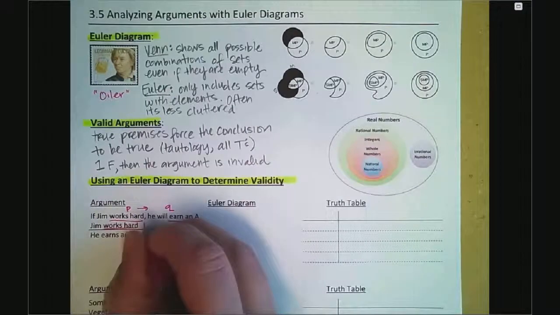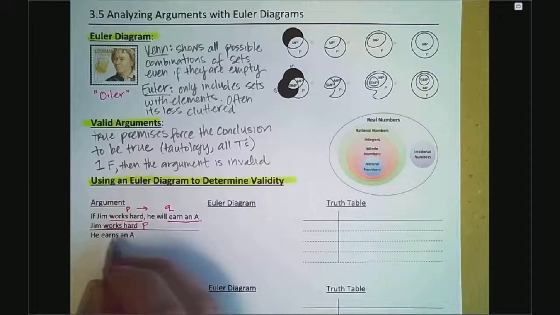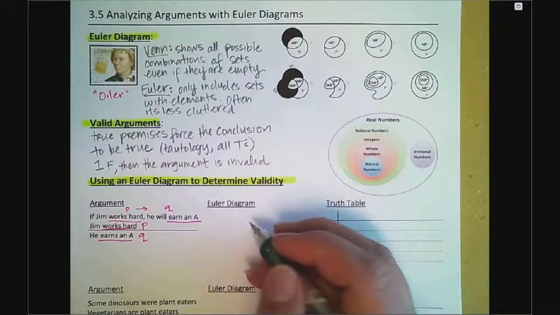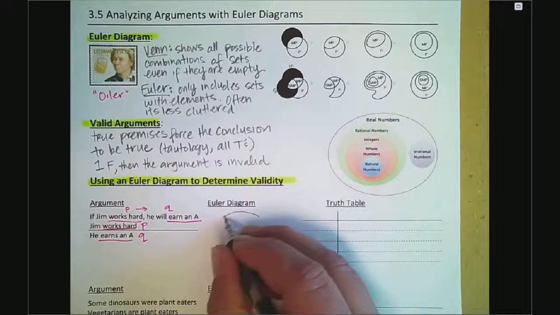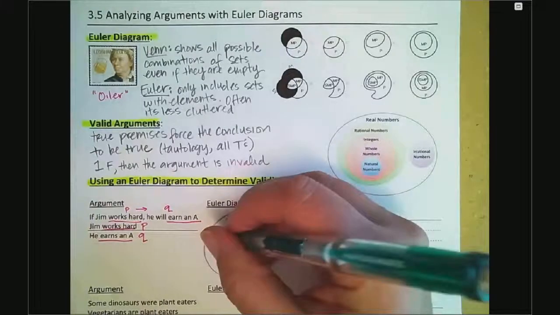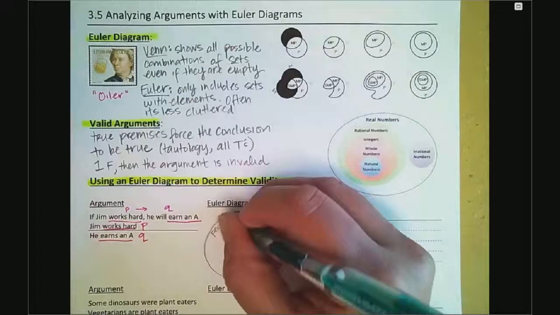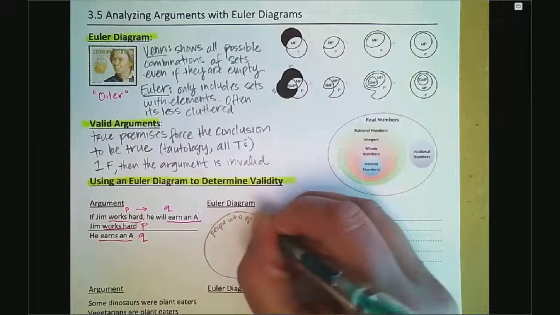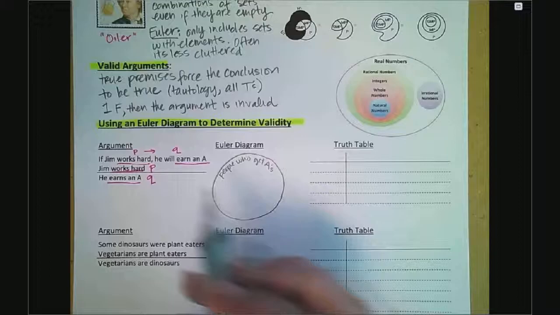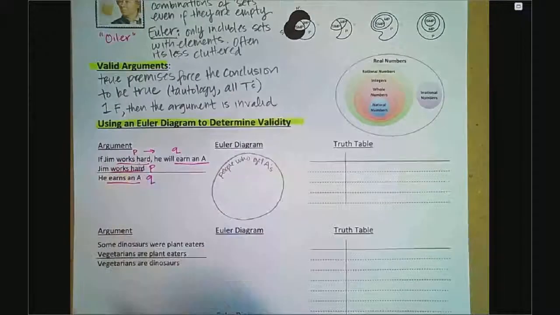Now, if I wanted to make a diagram here, what I have are the set of people that earn A's. If Jim works hard, working hard implies getting an A. So within the A's, we also have a set of people who work hard.